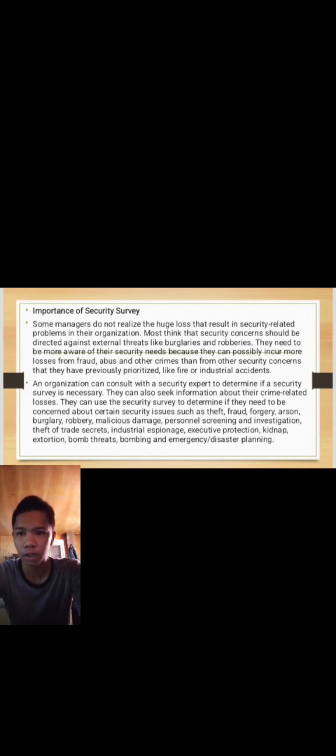An organization can consult with a security expert to determine if a security survey is necessary. They can also seek information about their crime-related losses.